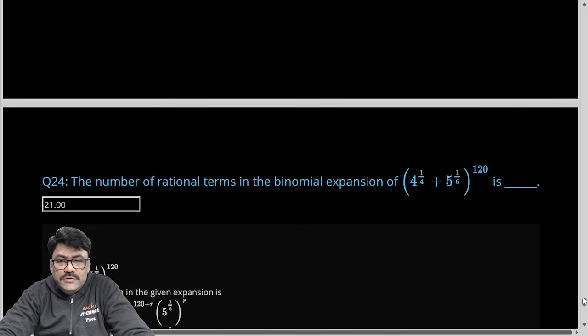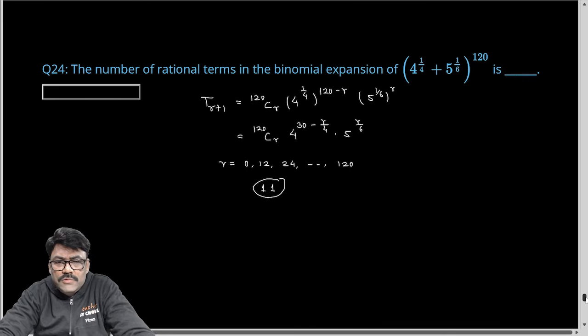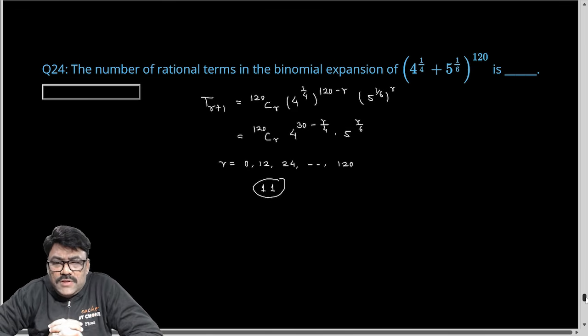Why am I getting 121? Let me check. Am I making some mistake? The general term is nCr, x raised to n minus r, y raised to r.